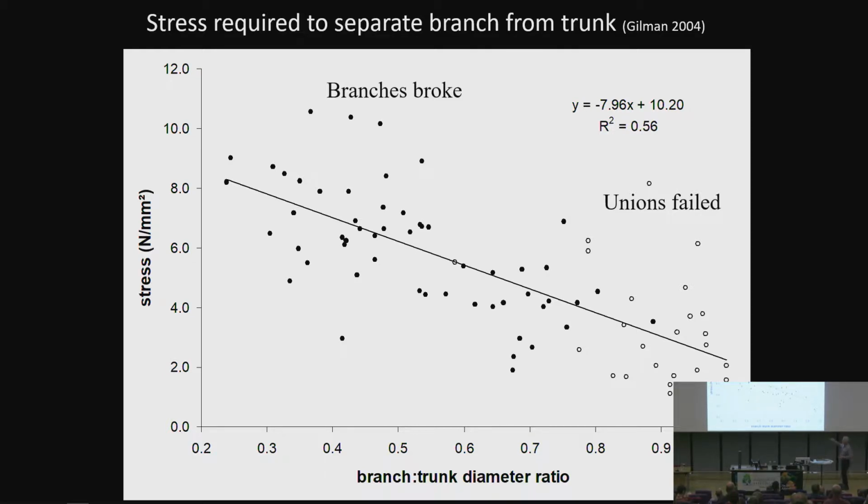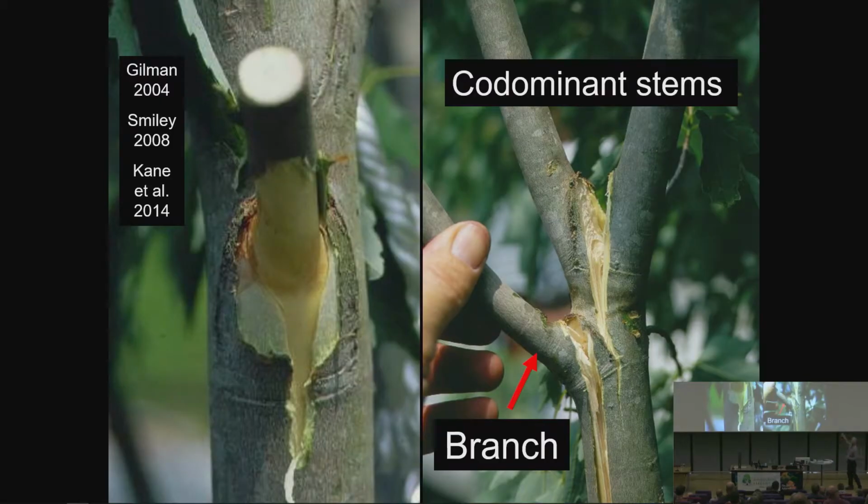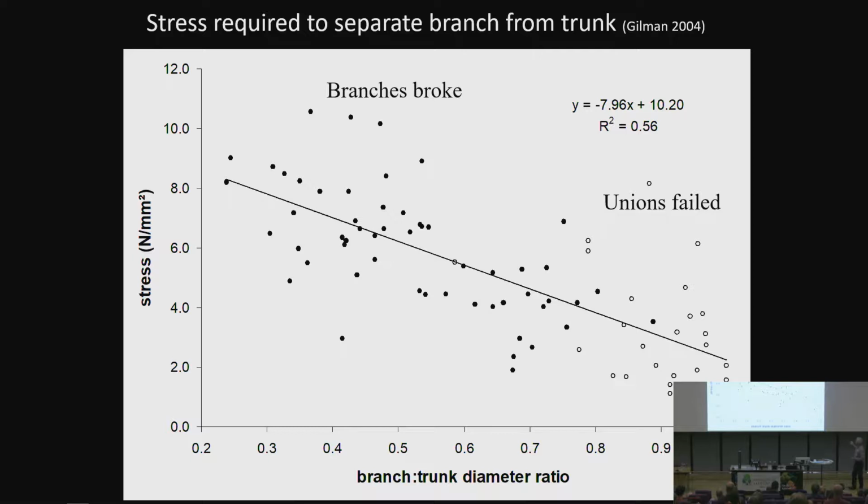This would be a small branch on a big trunk, and as we went toward codominant stems, what we pulled was the same size as what we're leaving. Sort of this situation would be here. You notice that the stress to break that branch junction reduced as we went from a small aspect ratio to a large aspect ratio.